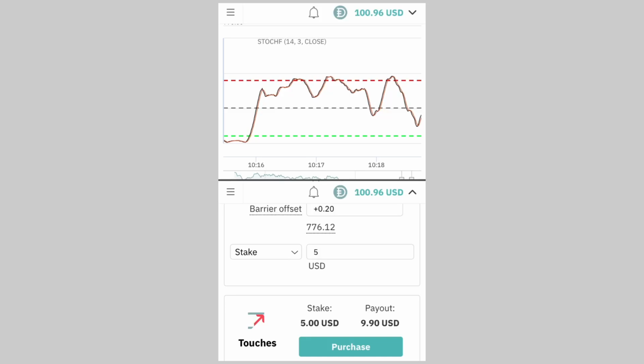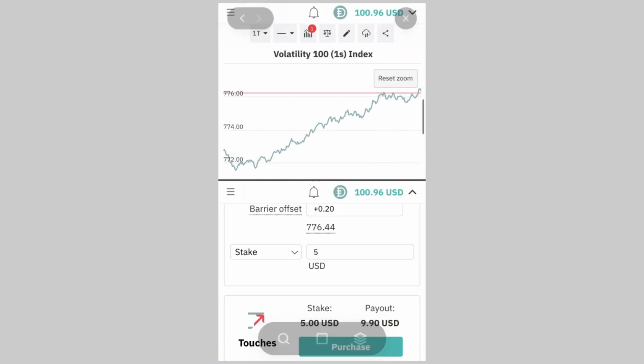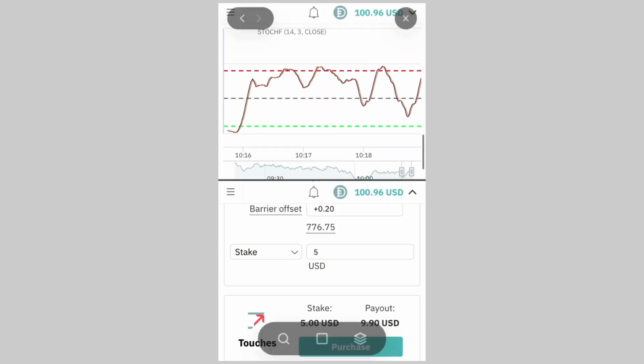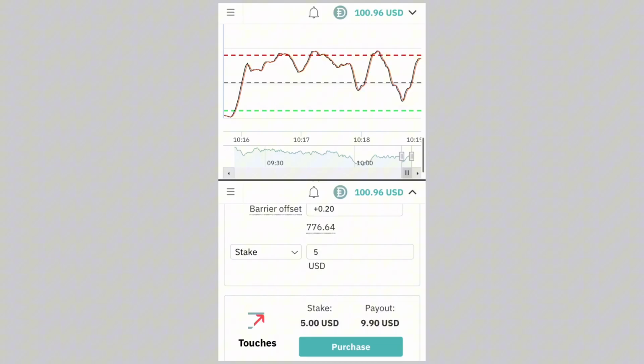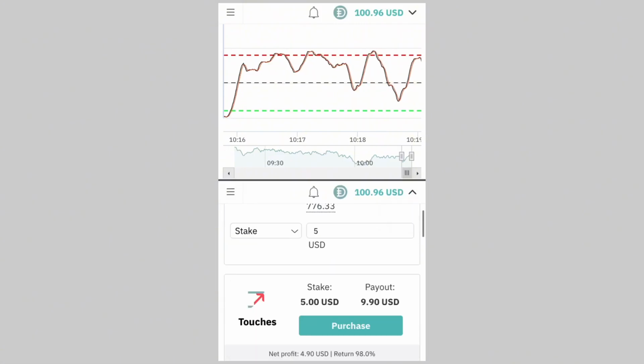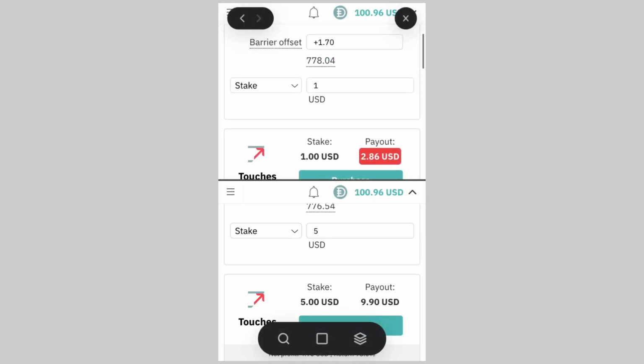So I'm going to explain how you are going to trade this strategy. Once we come to the second window, you are going to do the same thing you did on the first window, so I'm not going to elaborate that much. The settings you do on your second window have to be the same as on your first window.